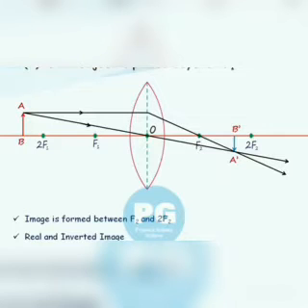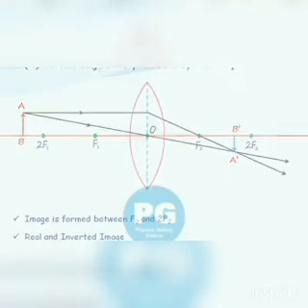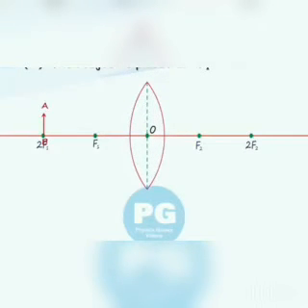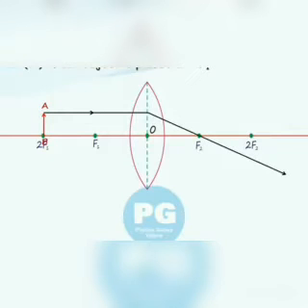Now let us understand what will be the ray diagram when the object is kept at the position 2F1. Here also we can consider the parallel ray of light to the principal axis. After touching the lens, it undergoes refraction and passes through focus F2.